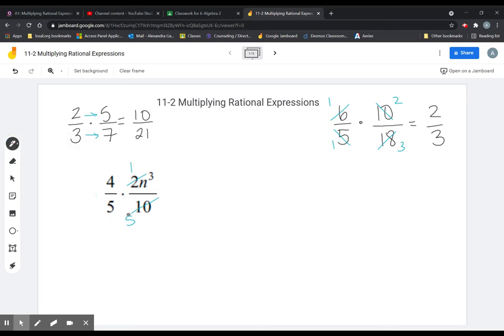Since 4 and 1 can't cancel with the 5s here, I'm going to multiply across, and I get 4n cubed over 25. So at the very end, you're trying to make sure you've simplified completely. So that's it with our monomials when we're multiplying. Cancel as much as you can and then multiply across.